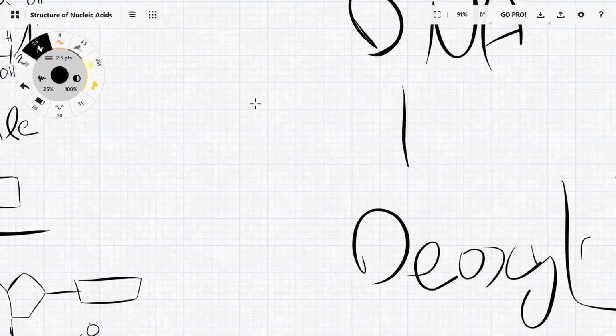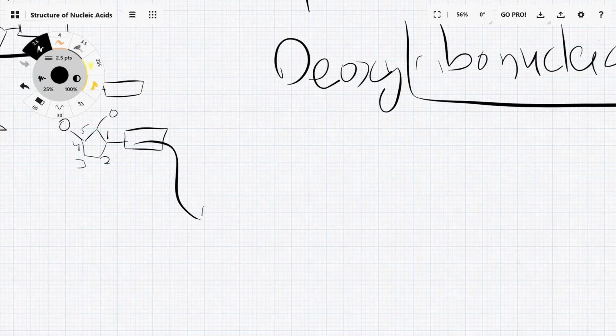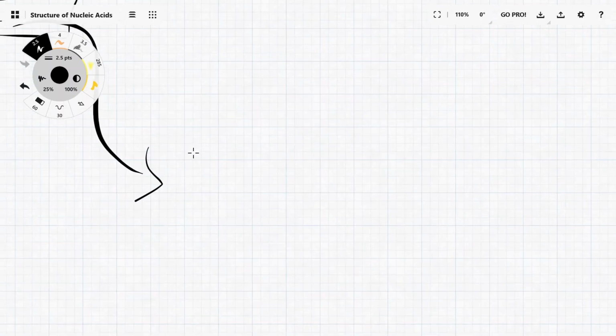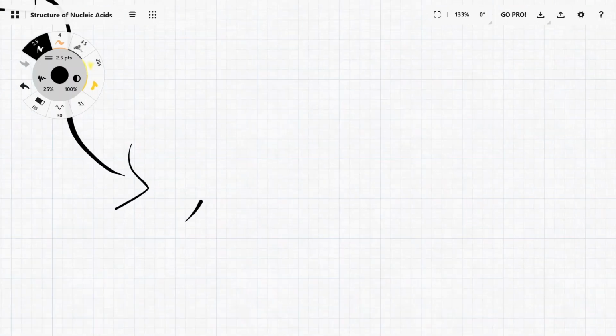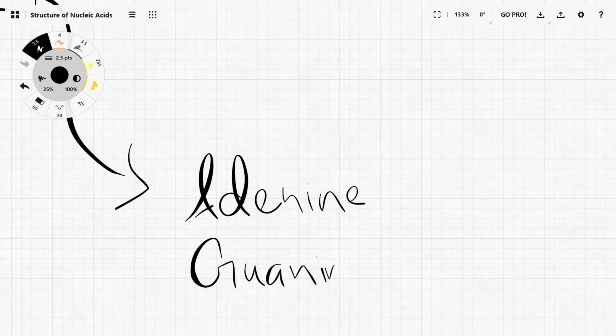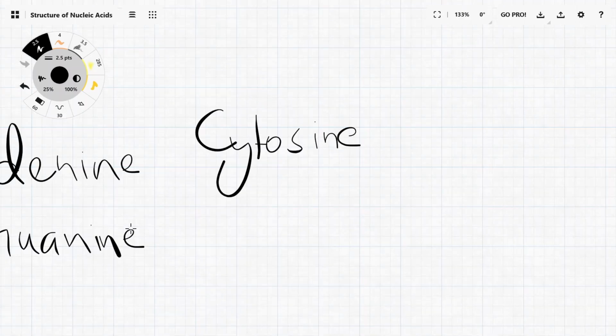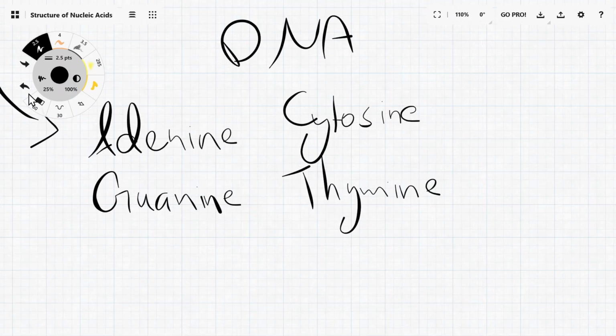Another difference between DNA and RNA is the fact that these nitrogenous bases in DNA are adenine, guanine, cytosine, and thymine. DNA contains these 4 nitrogenous bases. Cytosine and guanine are complementary, and adenine and thymine are complementary.